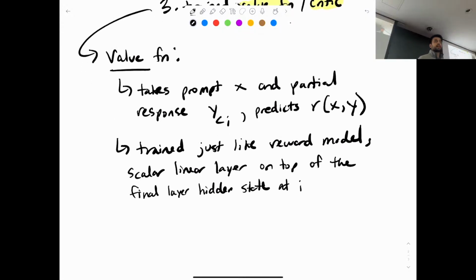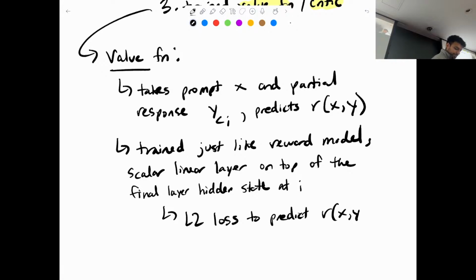But here we're not going to use the Bradley-Terry model. We're not trying to predict preference judgments. We're simply going to use our L2 loss or square loss to predict the reward.